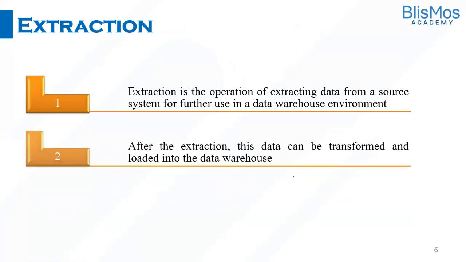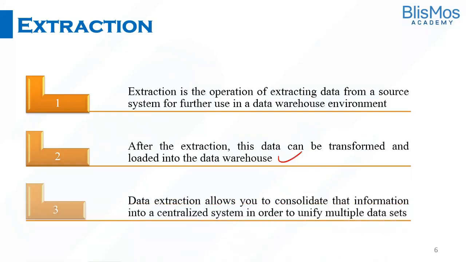After the extraction, what are we doing? We are transforming the data and loading the data into the data warehouse. Then why do we need to extract? Data extraction allows us to consolidate the expected data into a centralized system, that is the staging area, so that we can subject that to transformation and load that into the data warehouse.